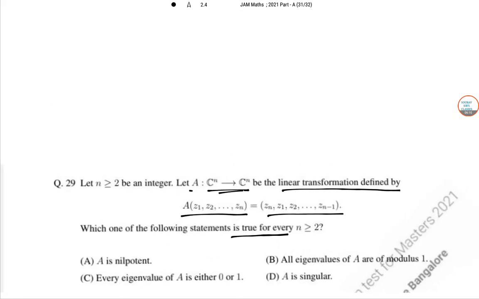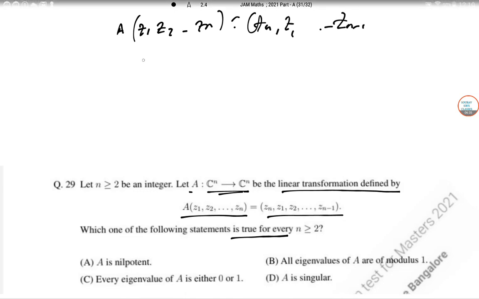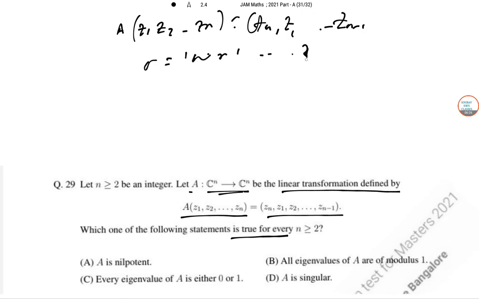So A is defined as the transformation sending (z1, z2, ..., zn) to (zn, z1, ..., z of n minus 1). So we can say that sigma equals the cycle (1 n n minus 1 ... 3 2).